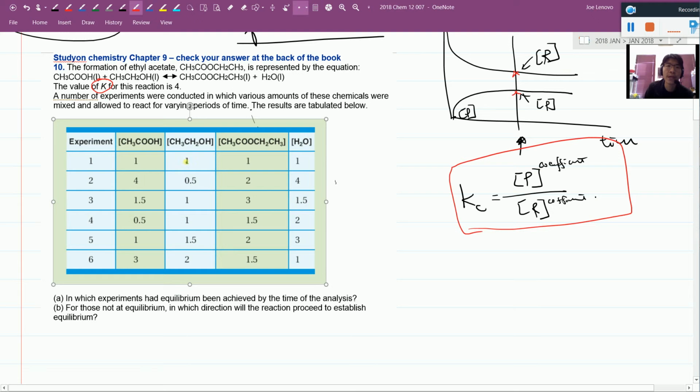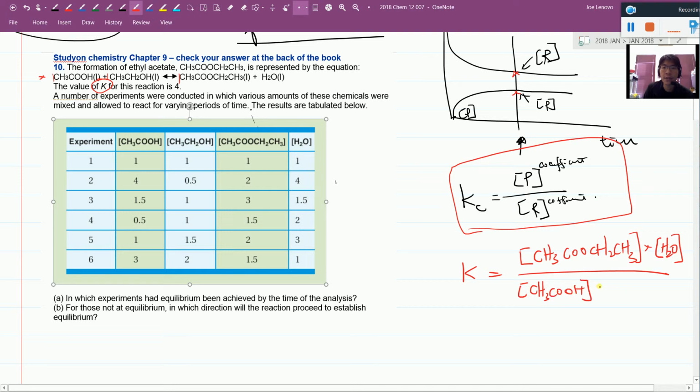Since the equation here is a 1 to 1 to 1 ratio, K can be calculated extremely easily: the product CH3COOCH2CH3 times water, divided by the two reactants, CH3COOH and CH3CH2OH.